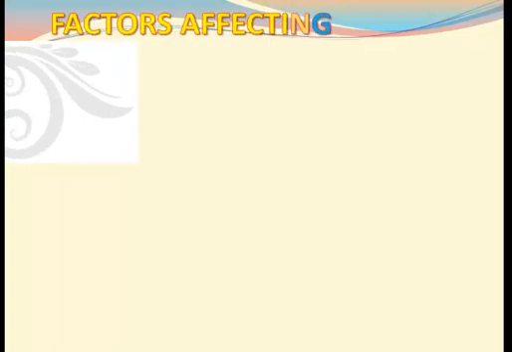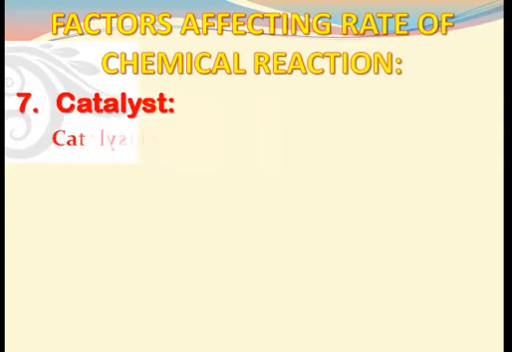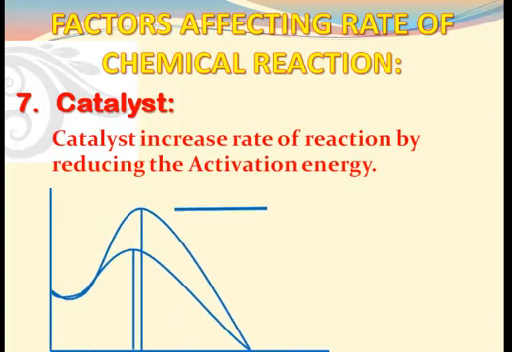But for catalyst, that is not the same. What catalyst does is that it reduces the activation energy so that the rate of chemical reaction can be increased. Therefore, catalyst increases rate of reaction by reducing the activation energy.